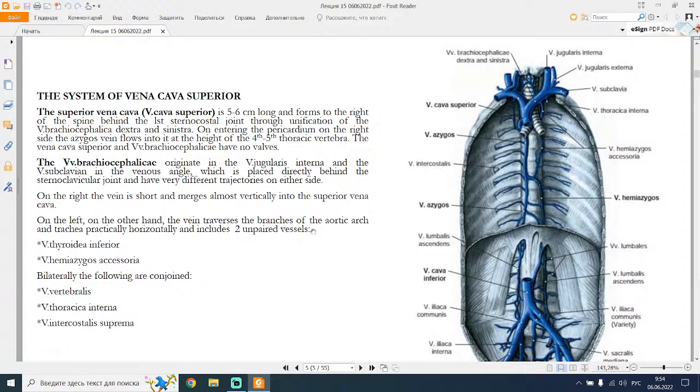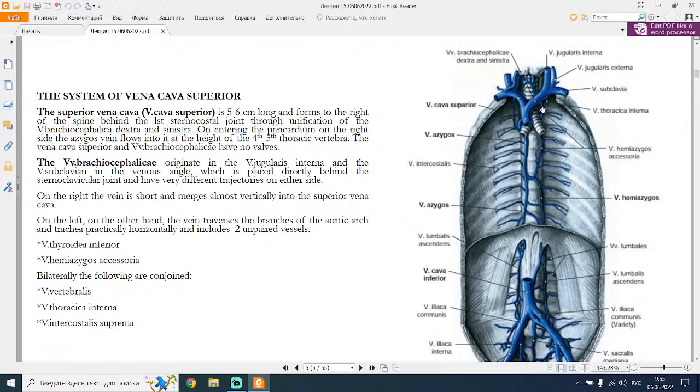The brachiocephalic veins originate from the vena jugularis interna and the vena subclavia, in the region of the venous angle, which is placed directly behind the sternoclavicular joint, and have very different trajectories on each side.